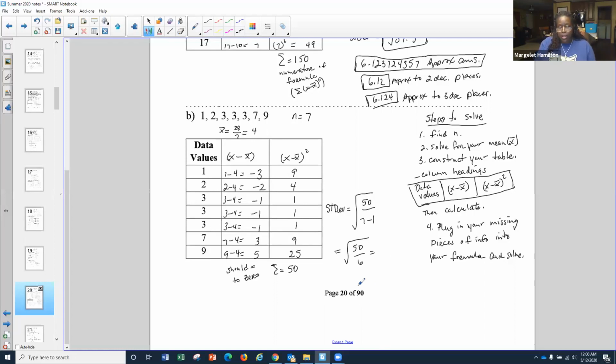But you can simplify your answer. And we see that that simplifies into 25 over 3. So we have the square root of 25 divided by 3. That's our exact answer, right?